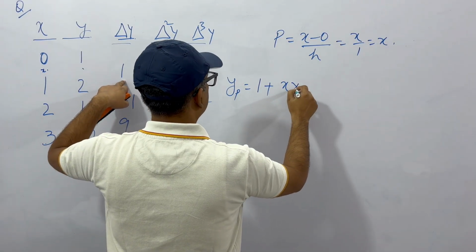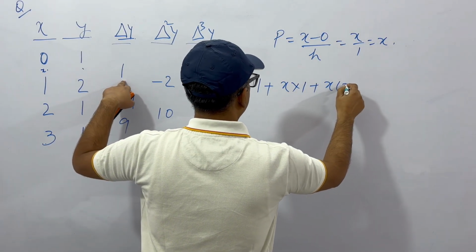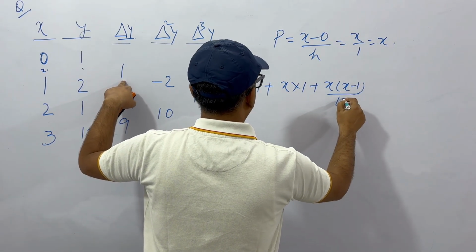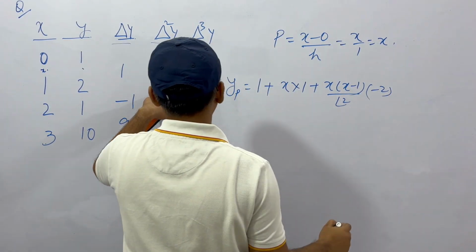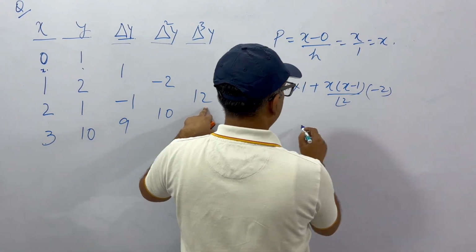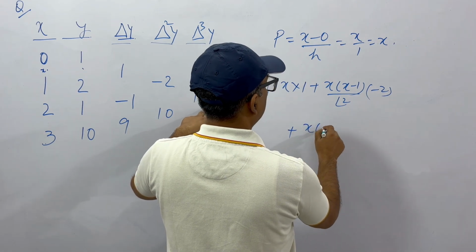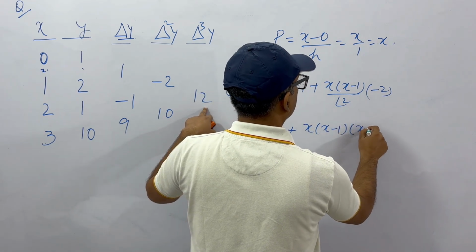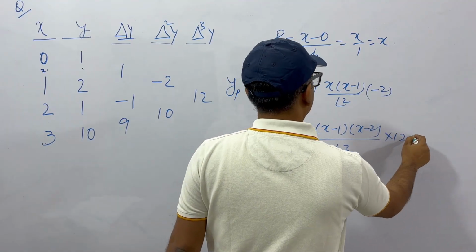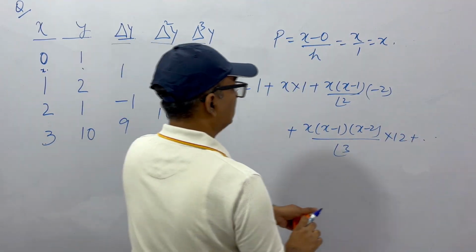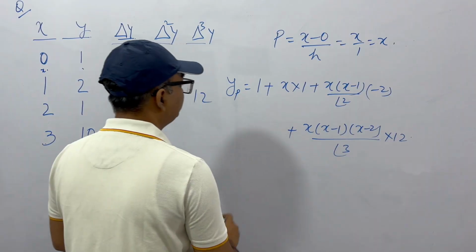So this is this into 1 plus x into x minus 1 by factorial 2 into minus 2. Then this is 12. So the third term will be x into x minus 1 into x minus 2 by factorial 3 into 12. This is the end of this.